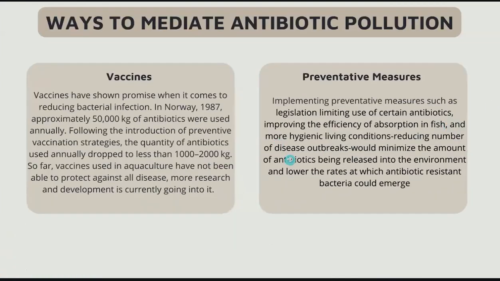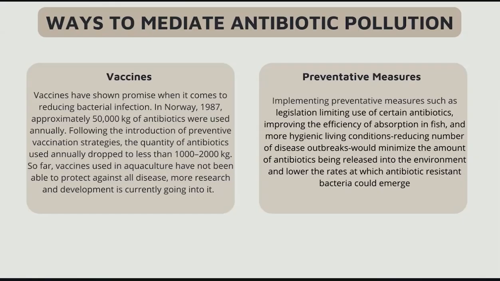So, ways to mediate antibiotic pollution. One way is vaccines. Vaccines have shown some promise when it comes to reducing bacterial infection. One particular study in Norway: an aqua farm previously had used 50,000 kilograms of antibiotics every year. After this, they introduced a preventative vaccination strategy where they would vaccinate the fish against the bacteria that usually causes these infections.